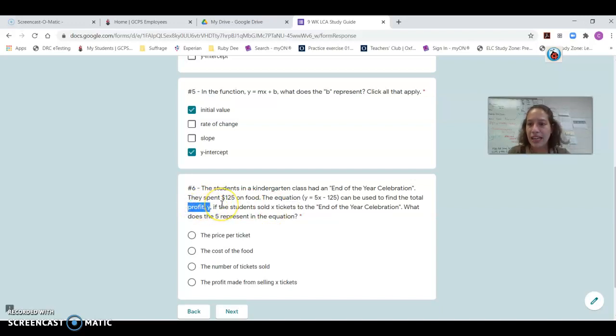So they told you everything, and then they said, what does the 5 represent? Well, it's the thing that's left over. It's not the food, it's not the tickets, it's not the profit, it has to be the price. So it seemed hard, but we really just used our brains. We marked out the information we knew, and we chose the answer that was left.